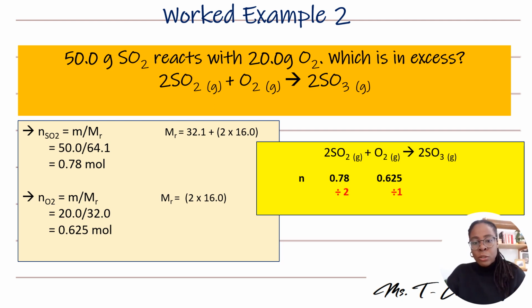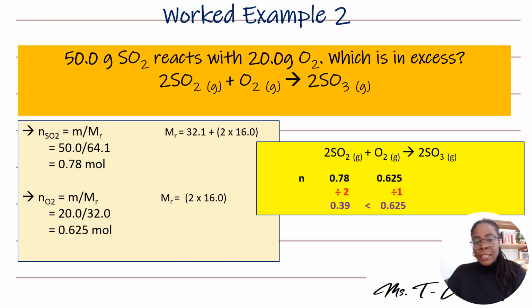And for the O2, we'll divide 0.625 by 1, as 1, which is invisible in the balanced symbol equation, is the coefficient for O2. And so we end up with 0.39 for SO2 and 0.625 for O2.